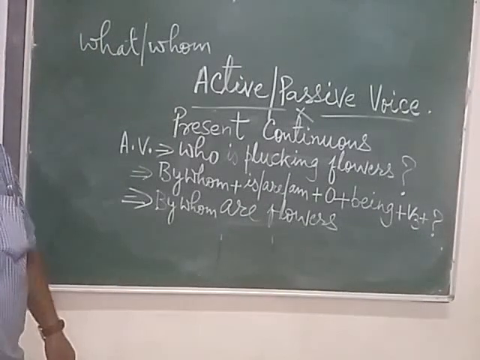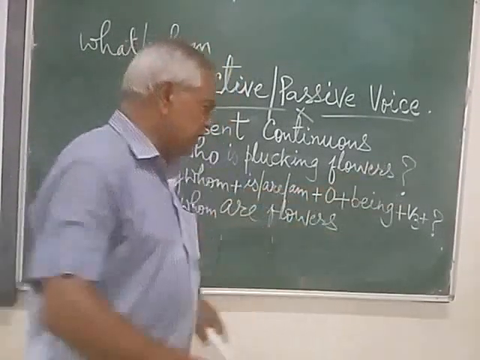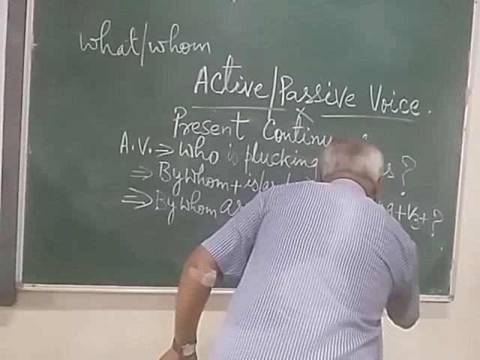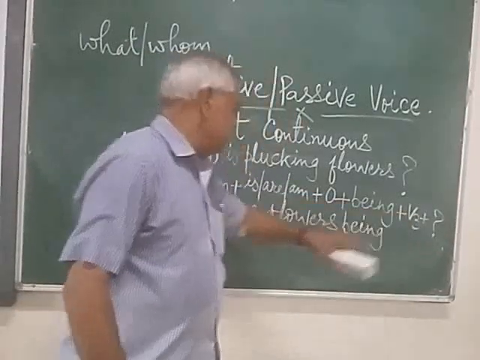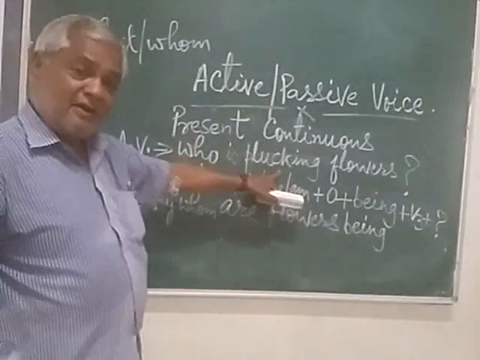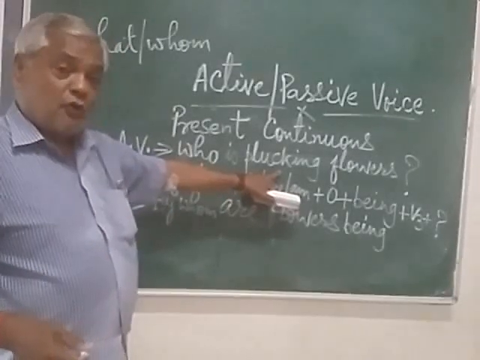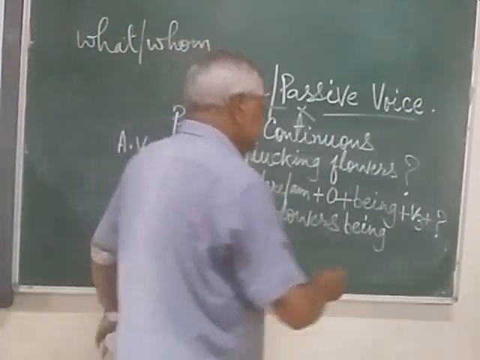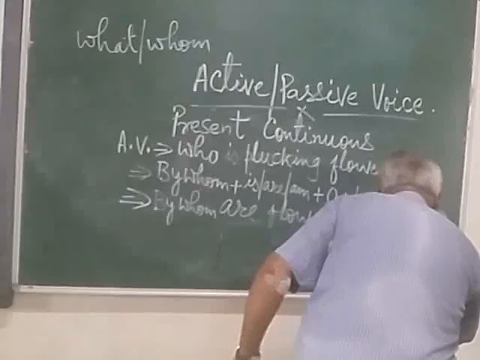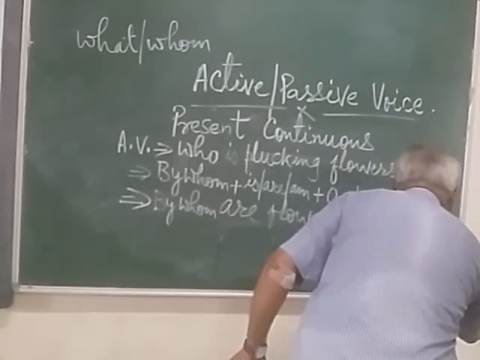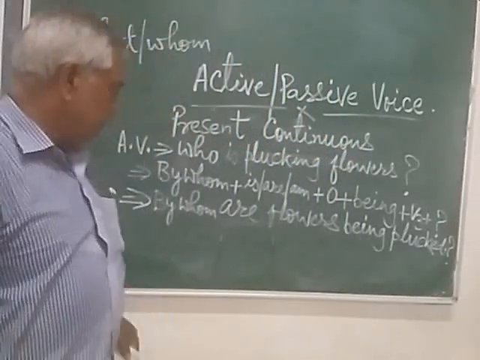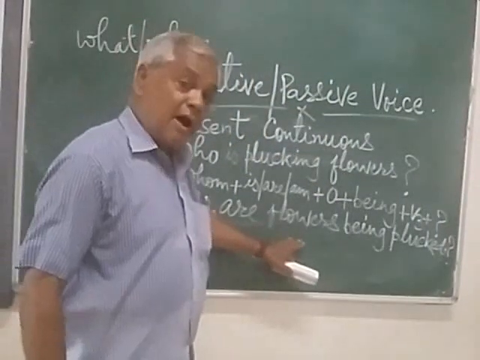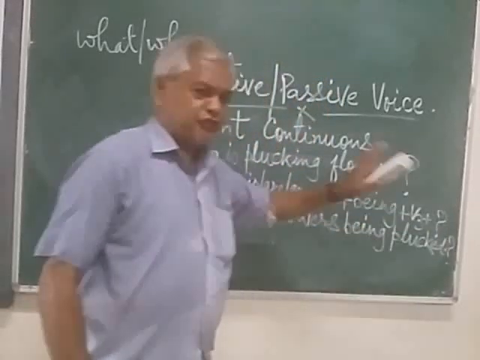By whom are flowers. Then after the word being, then V3. So here, what will change into V3? Plucked. So, by whom are flowers being plucked?